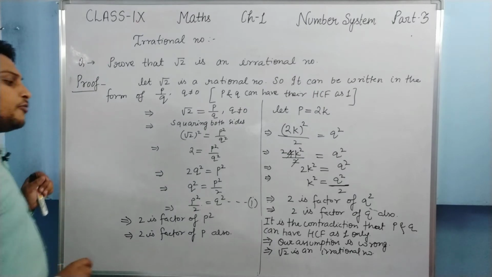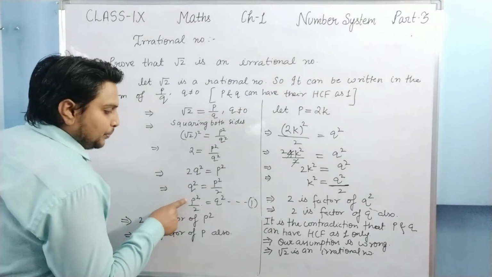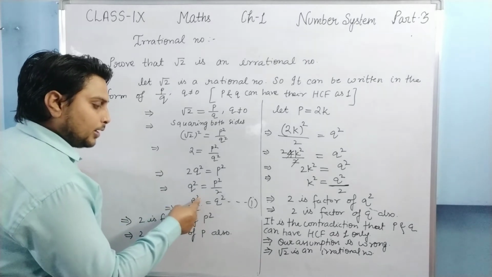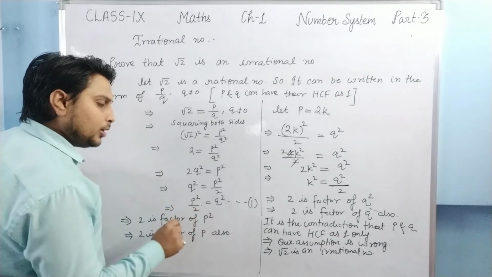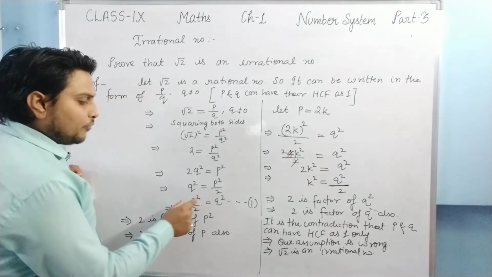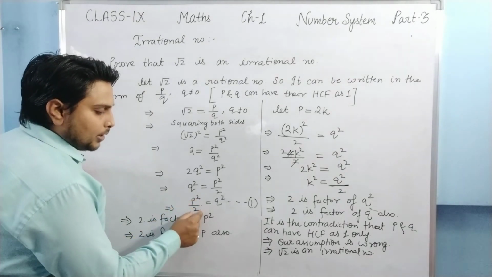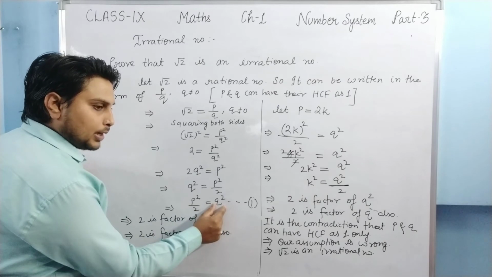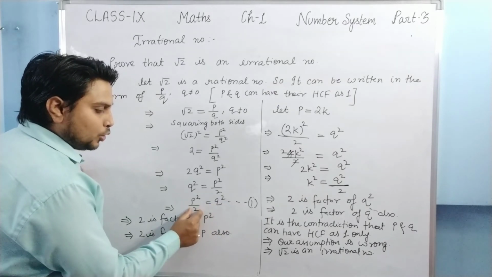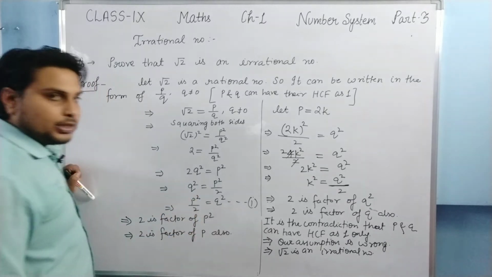Now here you have to understand that p and q both are integers. And there is a square, which means surely they will be positive. Now if a positive integer divided by 2 gives the result as an integer, it means that 2 is the factor of p square.